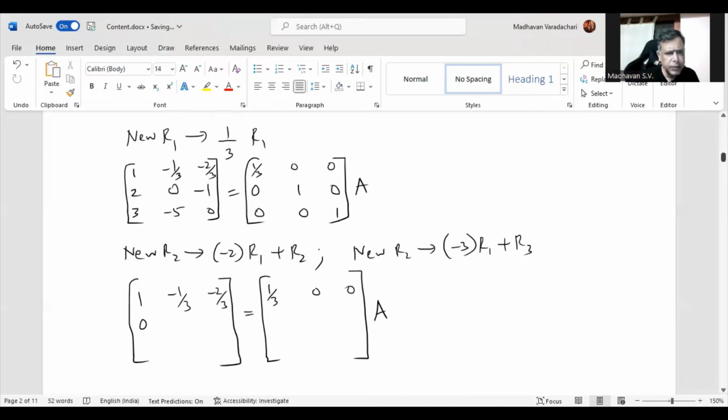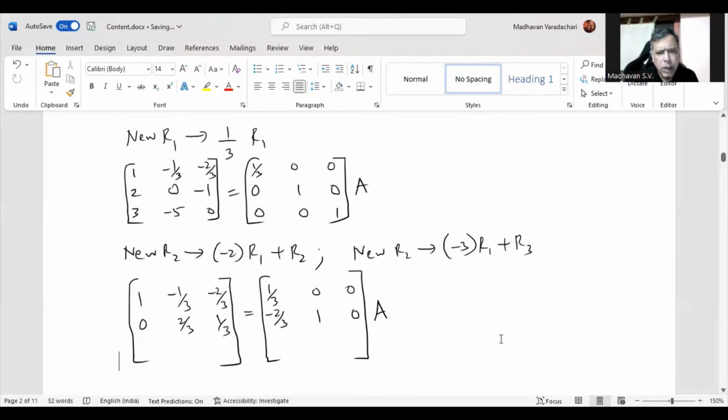The second element: we multiply negative 2 into negative 1 by 3, which becomes positive 2 by 3, plus row 2, so it will become simply positive 2 by 3. Likewise, this will become 1 by 3. Same operation we do on the unit matrix on the right hand side, and that will become minus 2 by 3, 1 and 0.